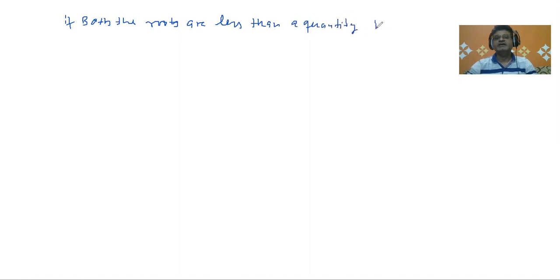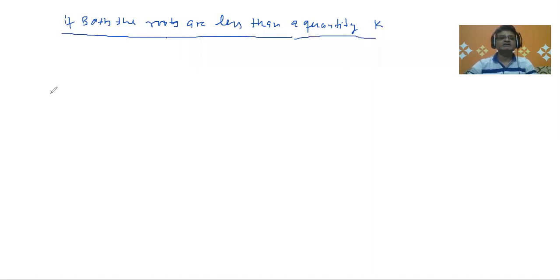Hello students. In this video, we are going to discuss the quadratic equation when both the roots are less than a quantity k. If both the roots are less than a quantity k, then what will happen?